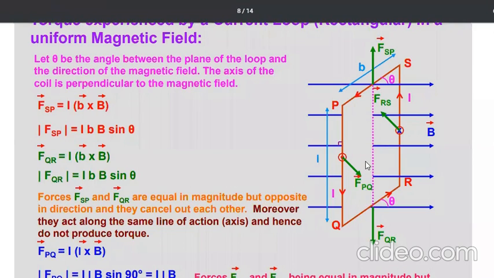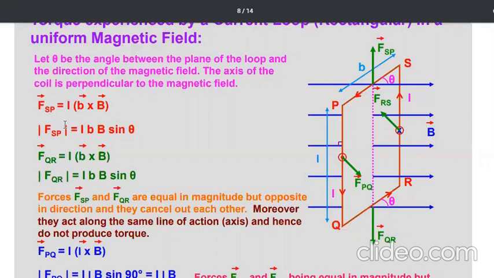And so we will calculate magnetic force on each arm due to the current flowing through each arm. So try to understand. First of all, we calculate magnetic force on the arm SP. Current flows in this way, and this current makes an angle theta with the magnetic field.